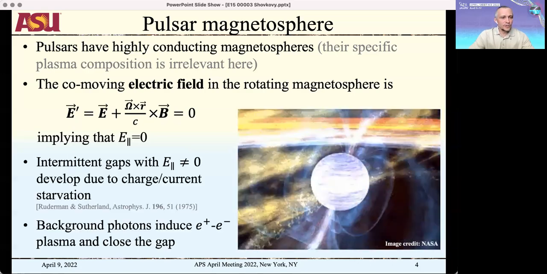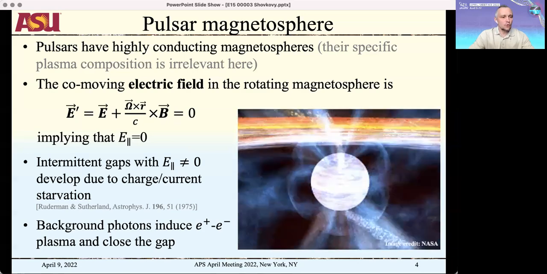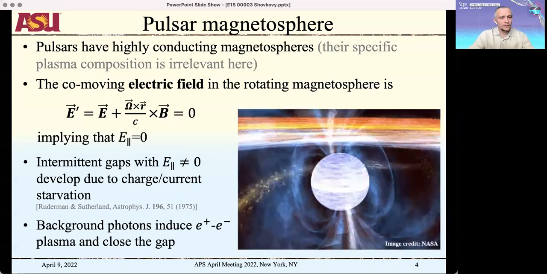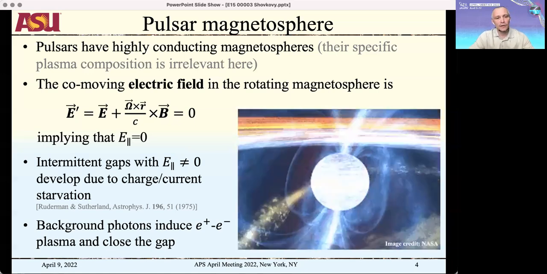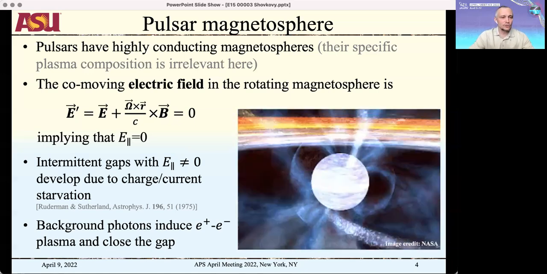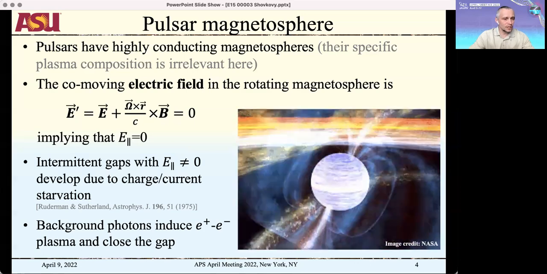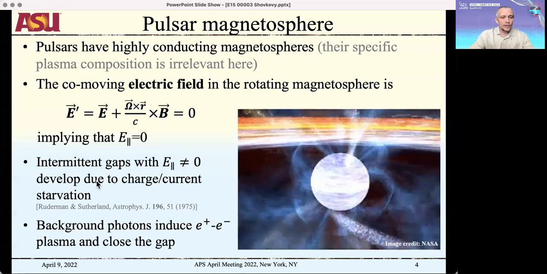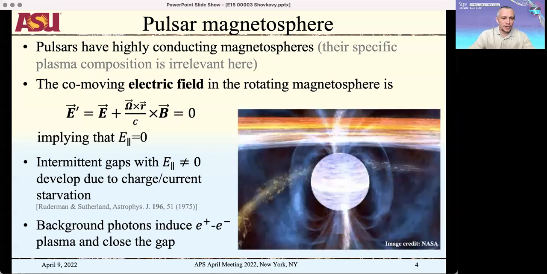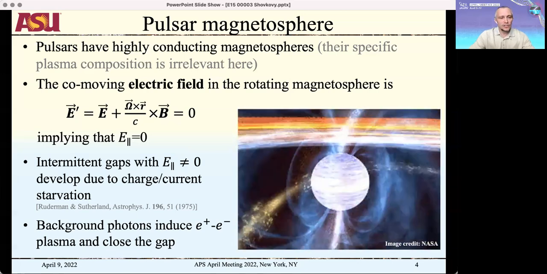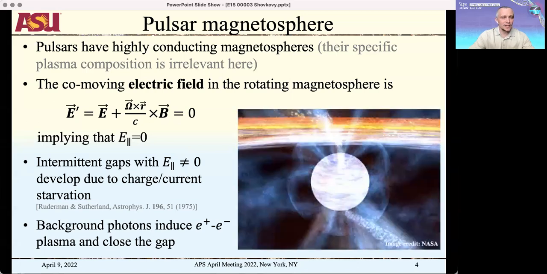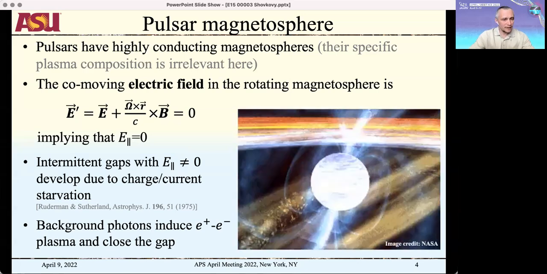This condition cannot always be sustained in a co-rotating magnetosphere. In fact, intermittently, gaps or rips should happen in the magnetosphere due to the charge or current starvation in that magnetosphere. Those gaps will close by the production of e-plus e-minus plasma, which is induced by the passing background photons in the gap.